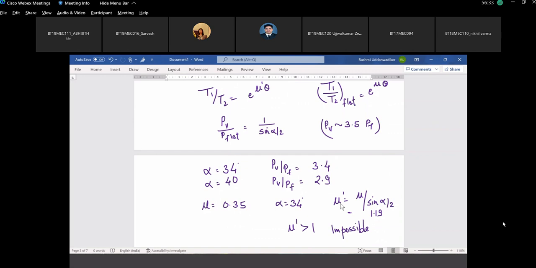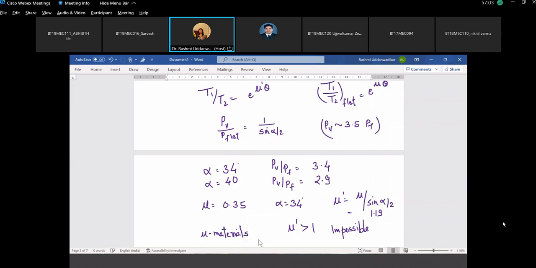So this mu dash is just a term. It is just a concept. Because of this sine alpha by 2, the coefficient of friction effectively increases. It doesn't mean that the V belt has a coefficient of friction greater than 1. Are you getting me? Because this value of mu depends entirely upon the two materials, the material of the pulley and the material of the belt.